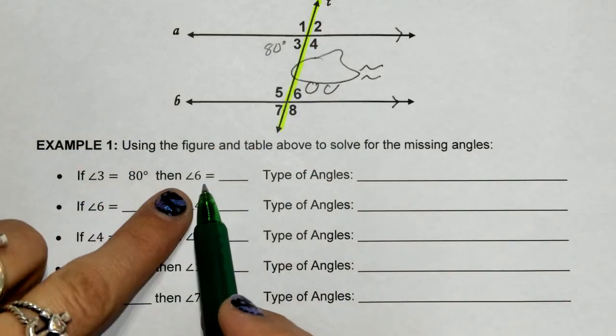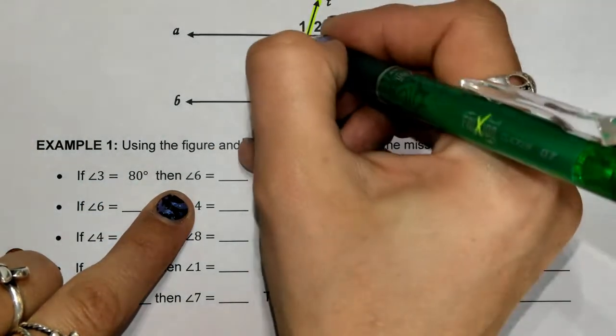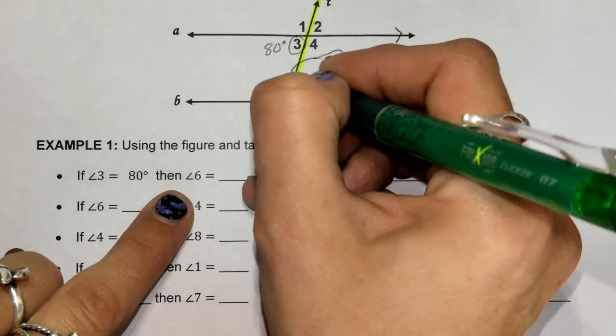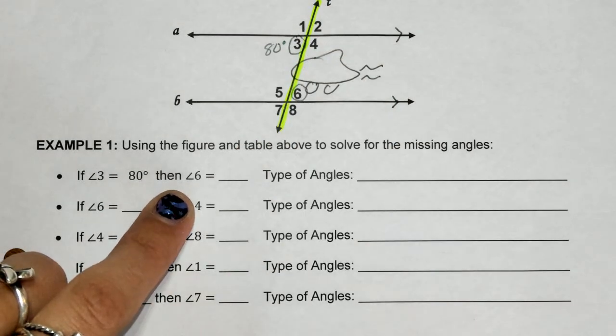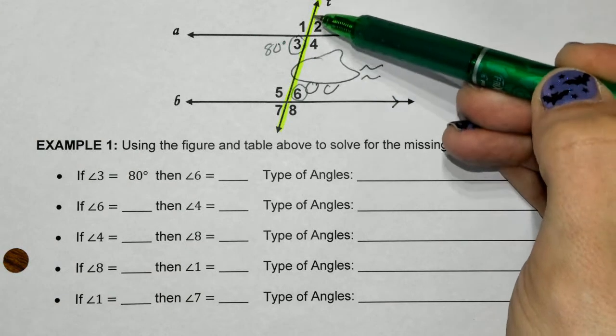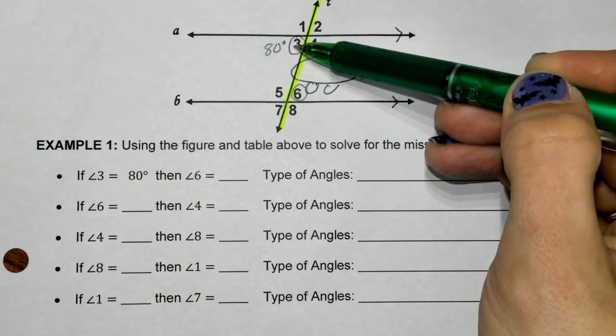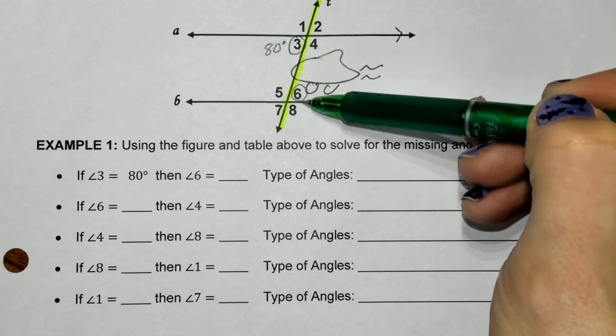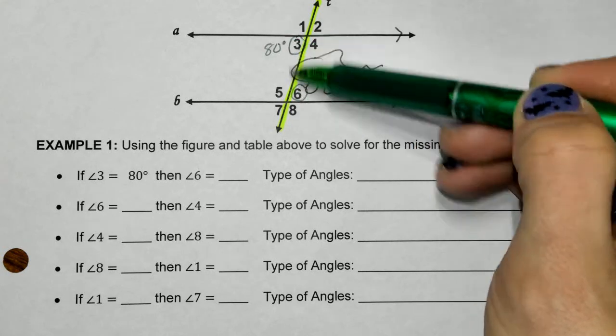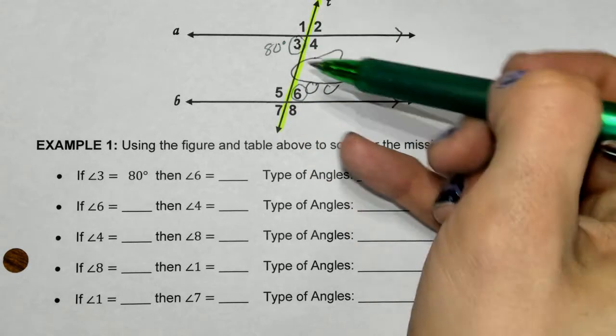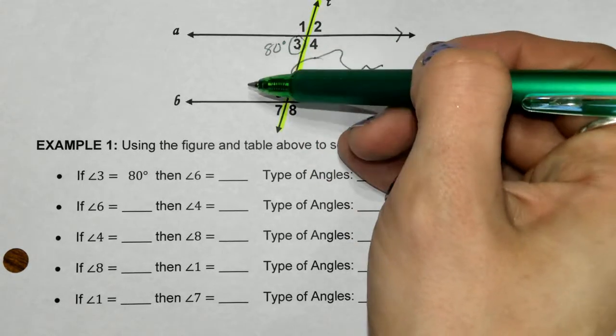We want to find the measurement of angle 6. So we're looking at what angle pair angle 3 and angle 6 are. So I'm looking at my transversal. Am I on the same side of the transversal, or am I on alternate sides? I see that I am on alternate sides. 3 is to the left, 6 is to the right. And I also notice that both angles are in the road interior.